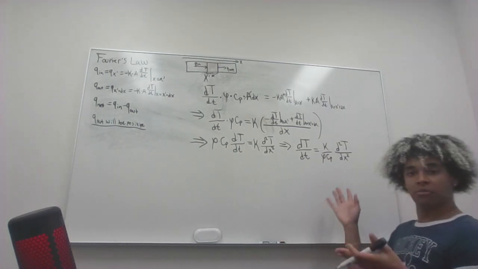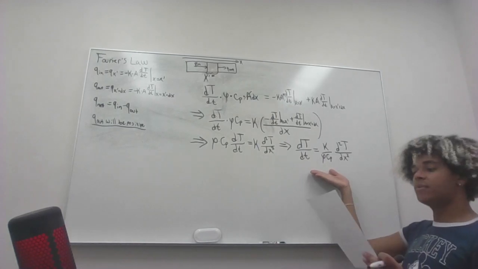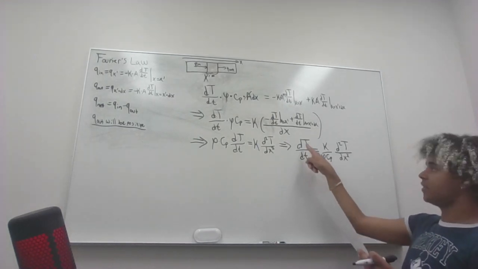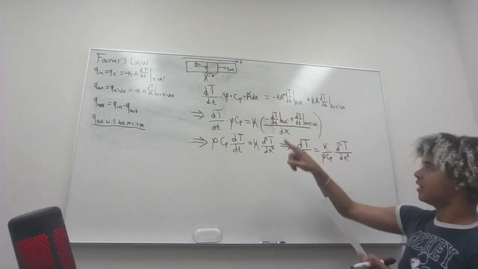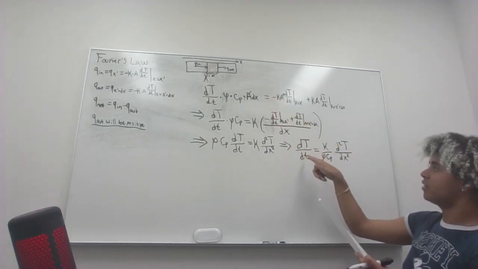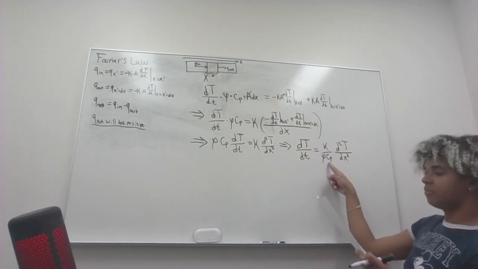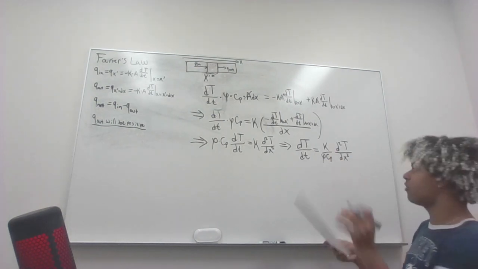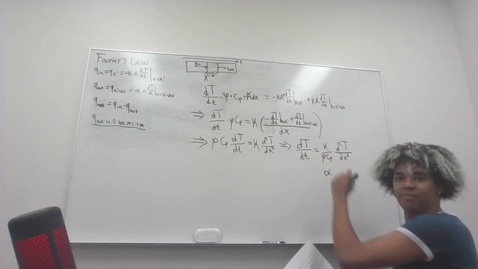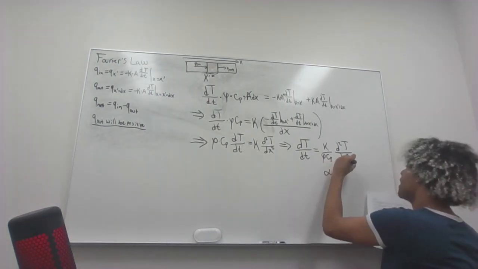And here we go. Now we have derived the time-dependent heat diffusion equation for a uniform linear bar, because we have the change in temperature with relation to the change in time, with the thermal diffusivity, because this equals thermal diffusivity, or what we can now call alpha. Let me quickly write that.